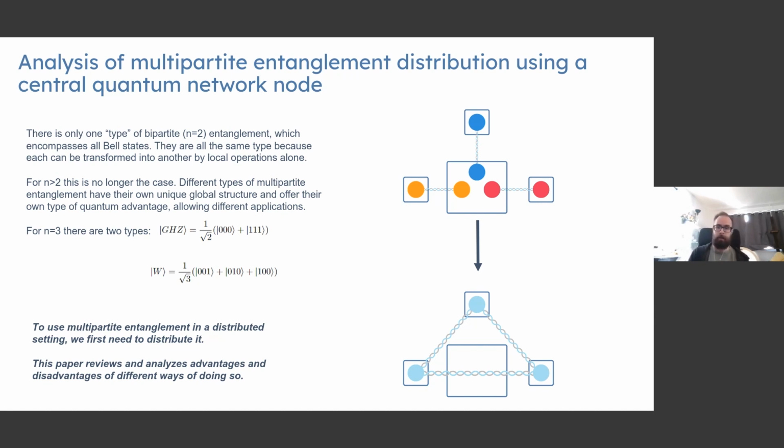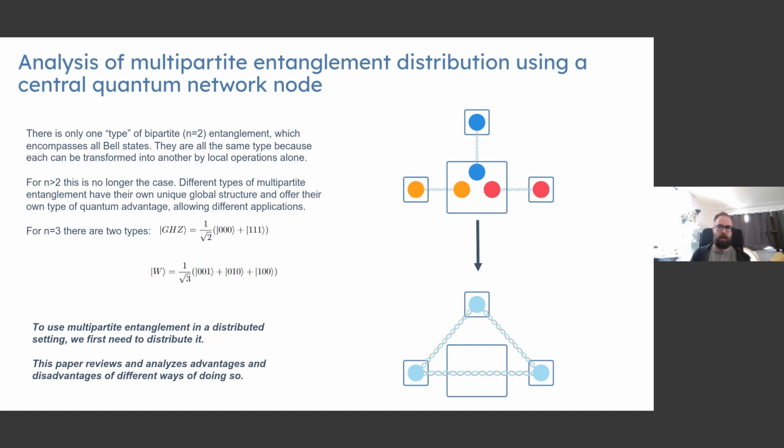If Alice, Bob, and Charlie have three qubits that are in the entangled state 0,0,0 plus 1,1,1, i.e., if one is 0, they will all be measured to be 0, and vice versa. That is a GHZ state. And as you get to more parties than that, the space of different types of entanglement explodes.